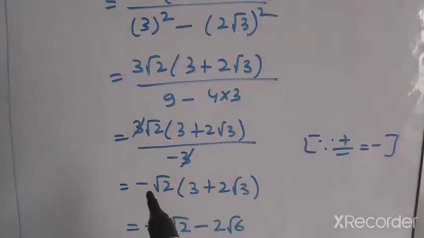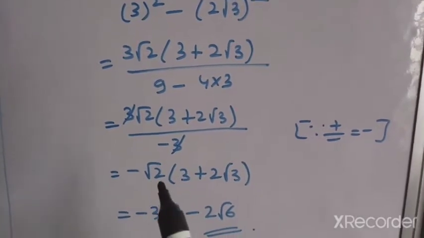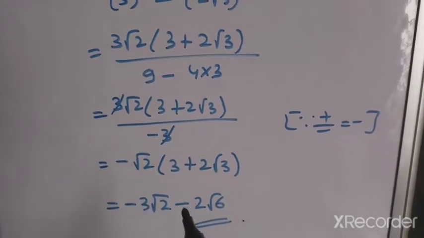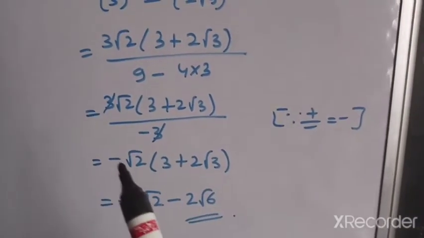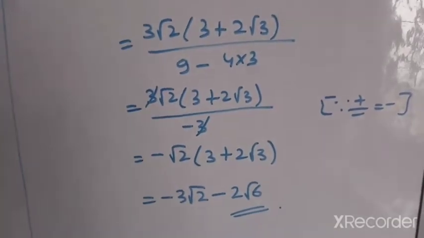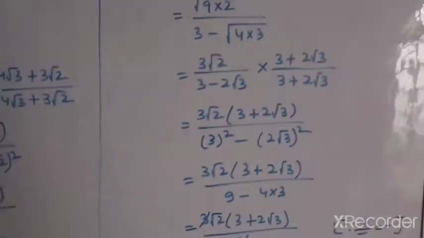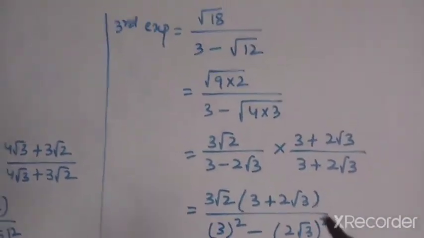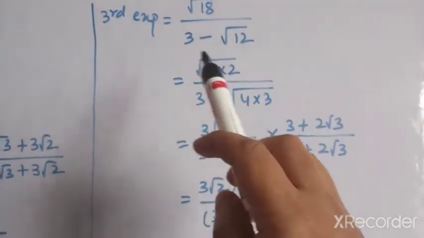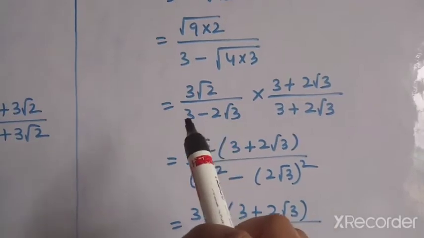So you need to multiply this one. Here you got 1. 3 ones are 3 root 2. Plus into minus will be minus. And again minus into plus will be minus. And 2 ones are 2. 2 threes are 6. So you get minus 3 root 2 minus 2 root 6. And one thing you have to keep in mind: from here it is clear that if you rationalize this particular part, the second one is more than the first one.